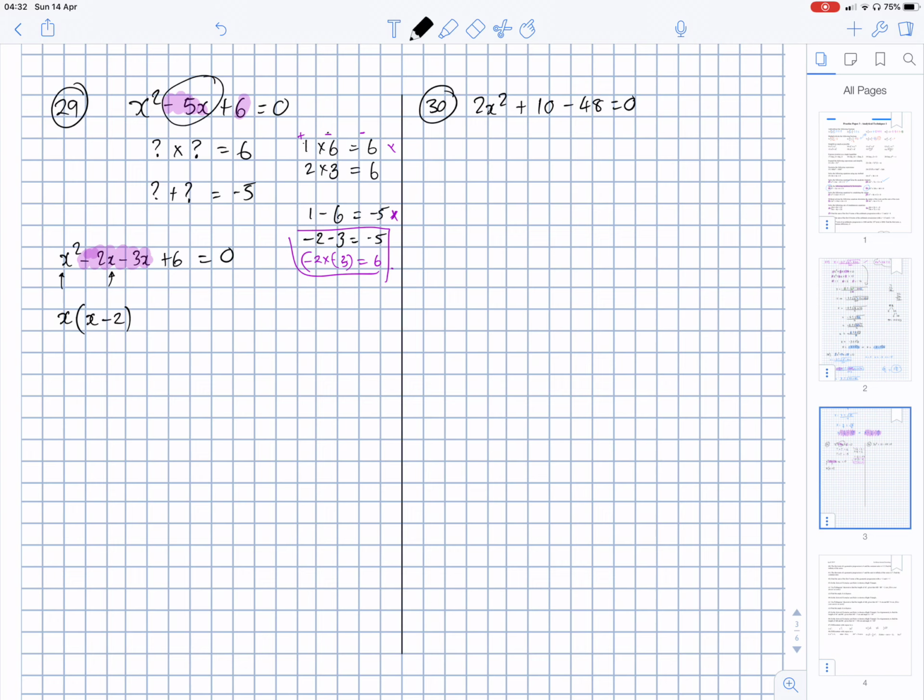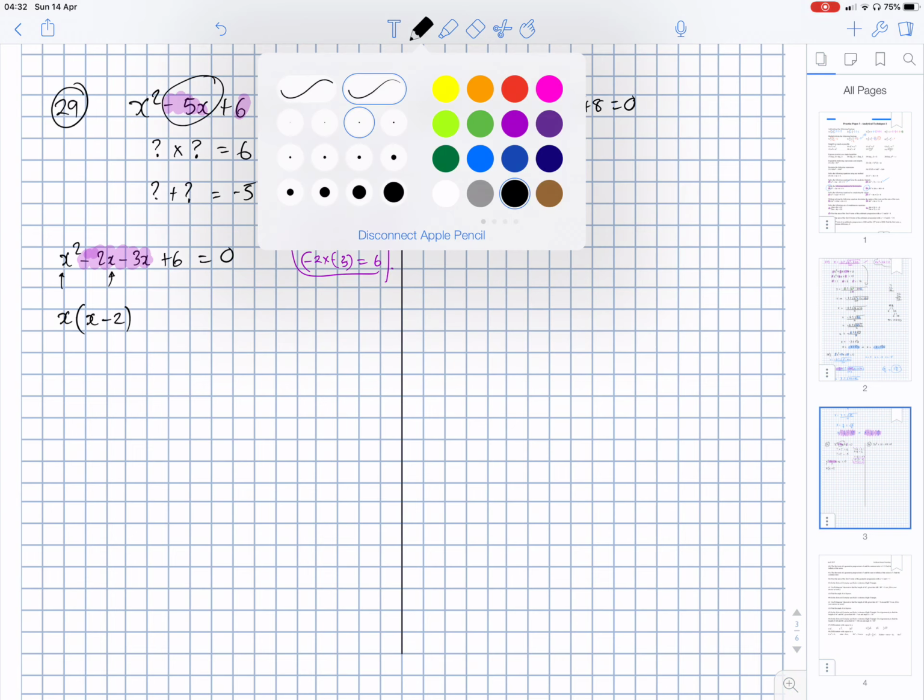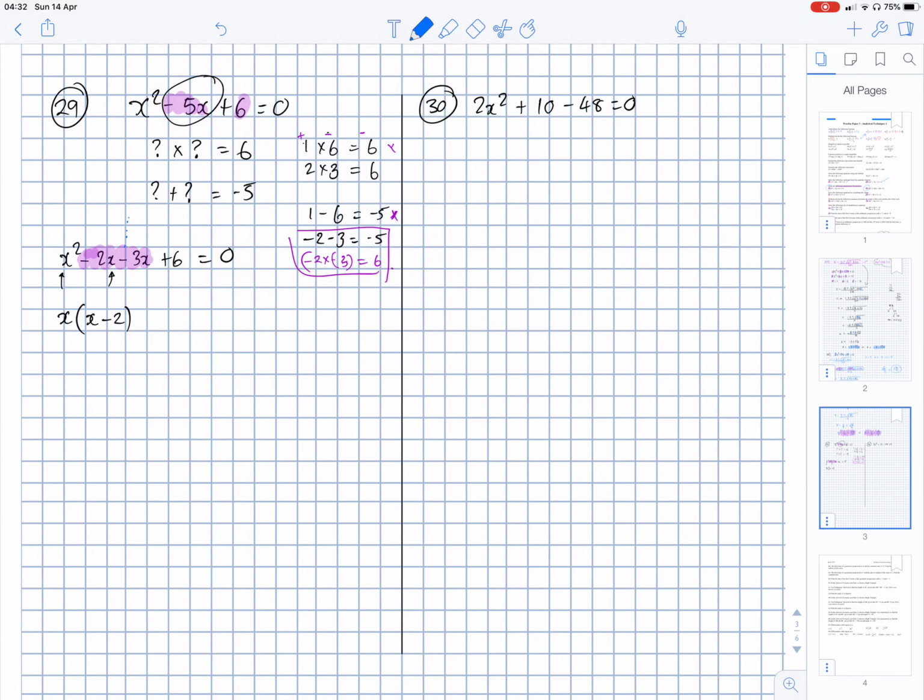If I multiply this back, I get x squared minus 2x. Then the minus 3 can also go into 6, so this becomes minus 3 times x minus 2 equals 0.